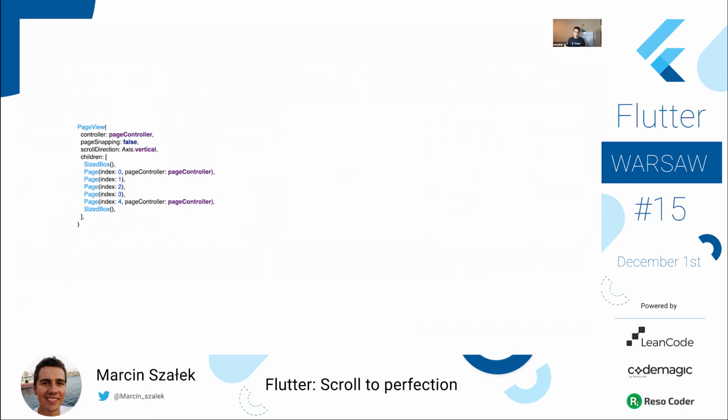And we can have the page view with 5 of those pages. Now, what you can see here is that we have page snapping false. By default, what page view will do is that if you end the scroll between the pages, it will animate towards the closest page.